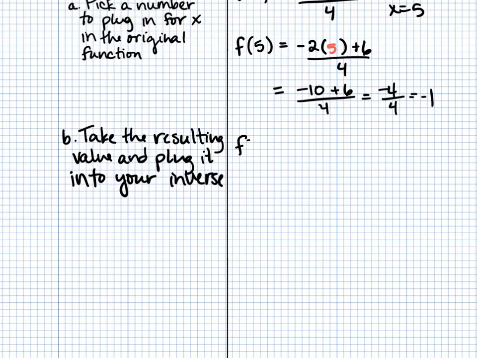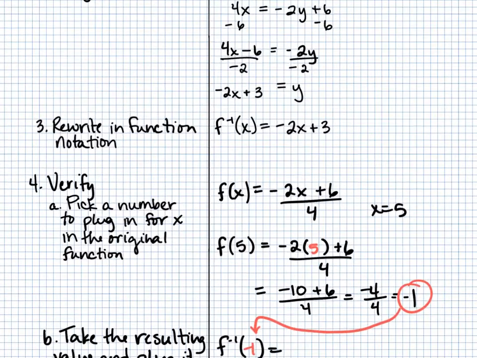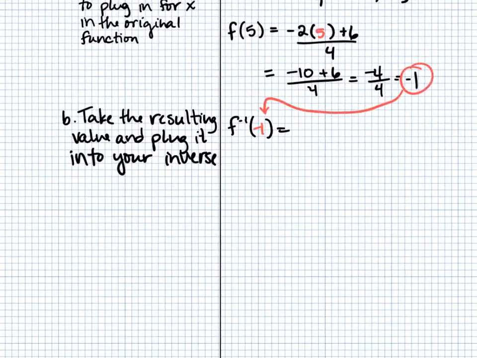So f inverse of negative 1, I'm going to take this negative 1 and put it there. I totally forgot what it was, negative 2x plus 3, sorry. So negative 2 times negative 1 plus 3. That is 2 plus 3, which equals 5.